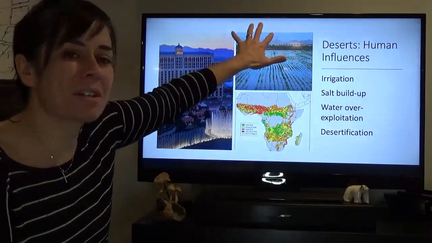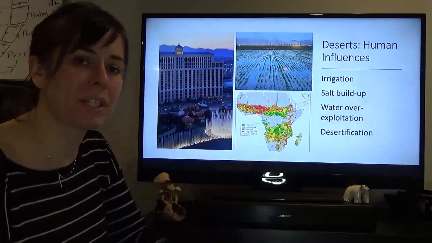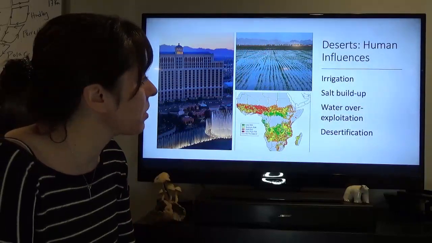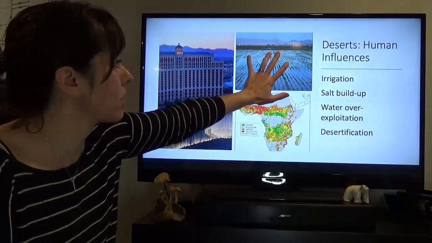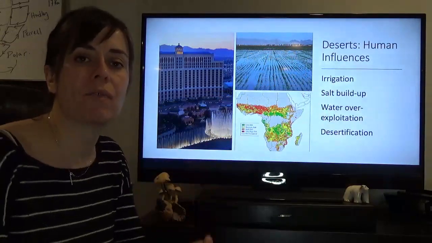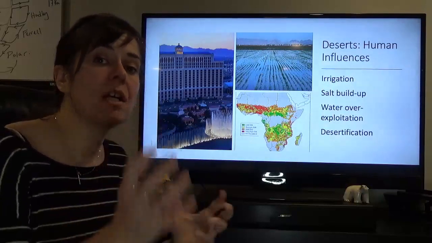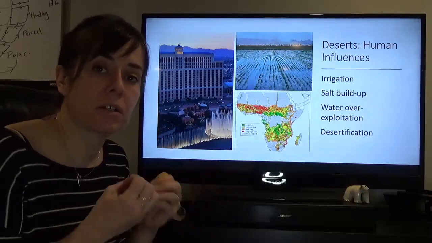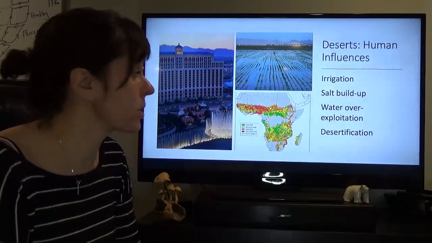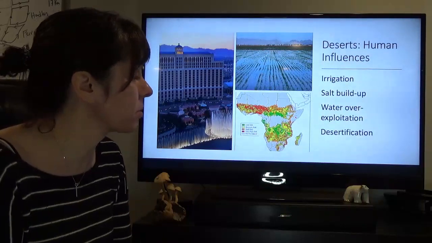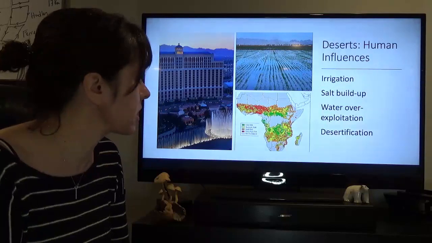You can see the mountains that are causing some of that rain shadow right over there. Because of irrigation, we end up with salt buildup. Again, if you have a lot of water sitting on the soils in these very hot environments where evaporation is very fast, the water goes and the salts, the solutes in the water, are left behind, and so you end up with salinity, with salt buildup in soils in these regions.